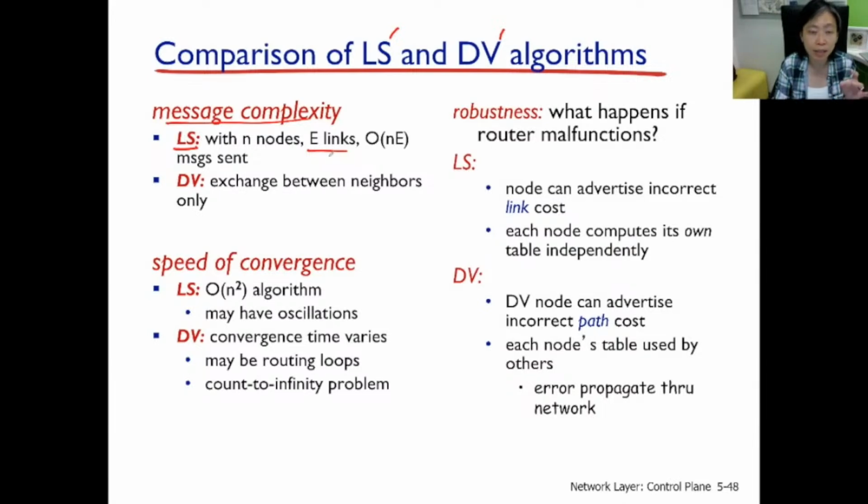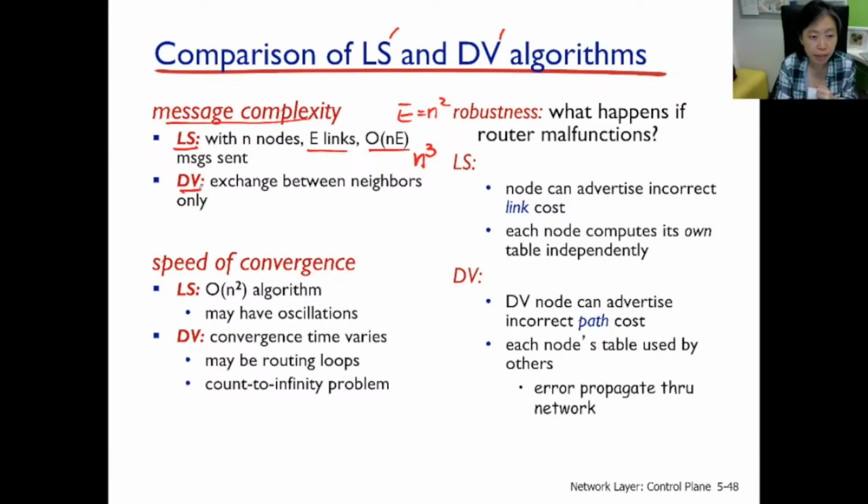Each will be generating these link state reports. Therefore, overall cost N E. In the worst case, in case the network is very well connected, the E here is about the scale of N squared. So overall, the cost can go as high as N cube. So link state message complexity, not good at all.